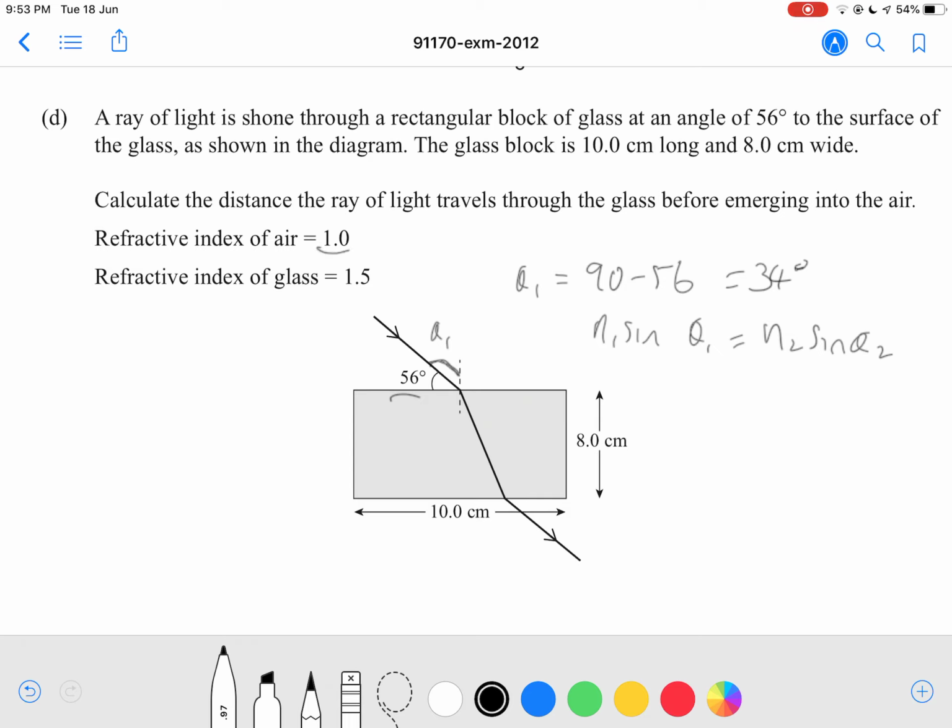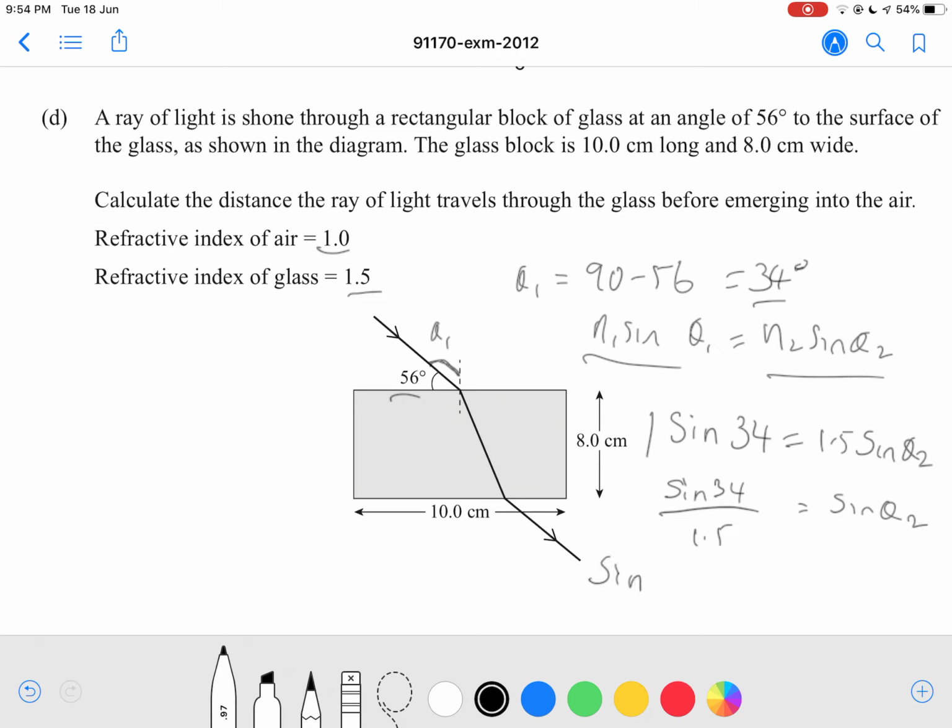The refractive index of air is 1, and we are traveling from air to glass, so this is our initial and this is our final. So initial, air is 1, sine of 34, that's our angle of incidence, equals n2, that's 1.5, and sine theta 2, we don't know. So 1 times sine 34 is just sine 34, so sine 34 divided by 1.5 equals sine theta 2.